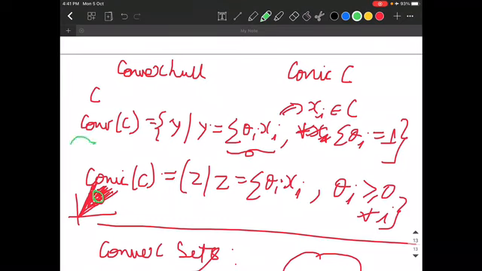Similarly, let's say this is set C. This is certainly not convex, because this line does not lie in this set.